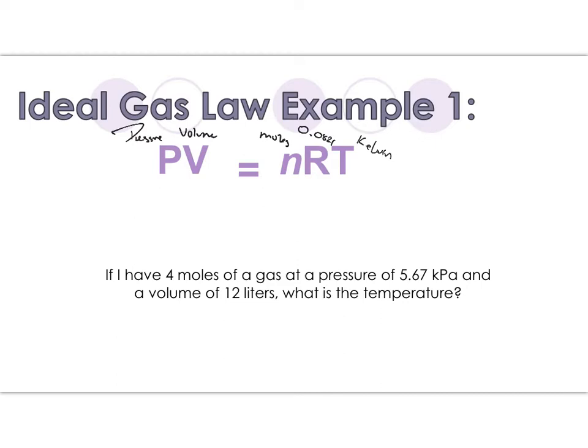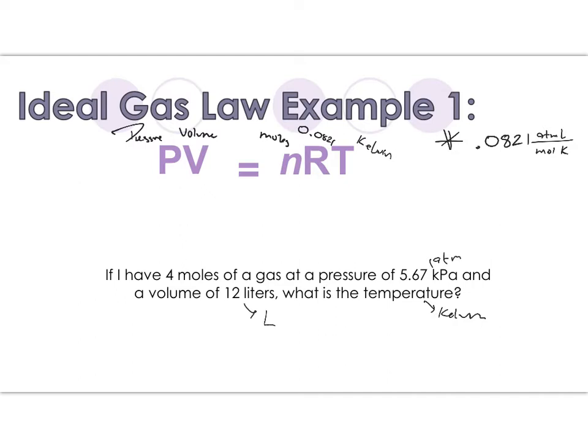What is the temperature? The key thing here in the ideal gas law is that because of your gas constant, which has units of 0.0821 atm liter for every mole Kelvin, your pressure has to be in atm, your temperature has to be in Kelvin, and your volume has to be in liters.